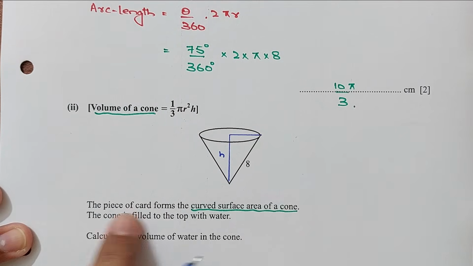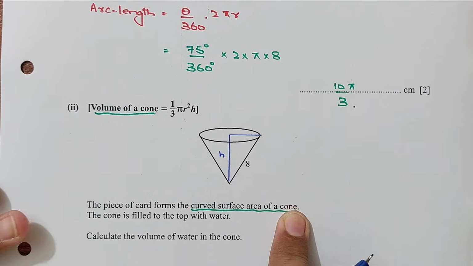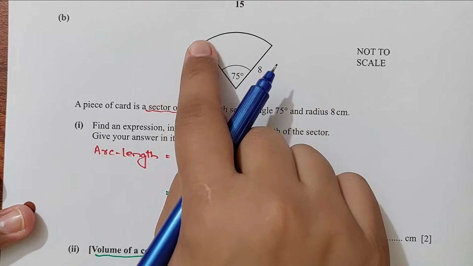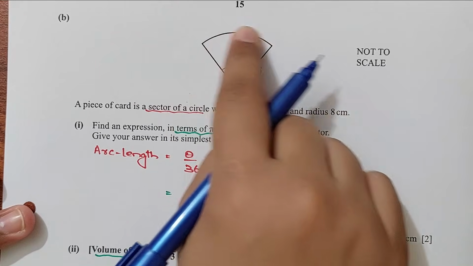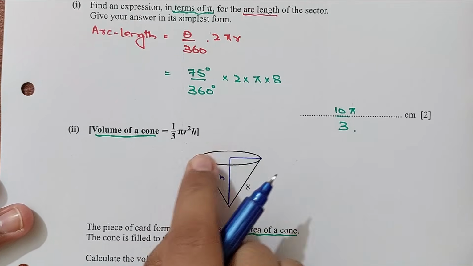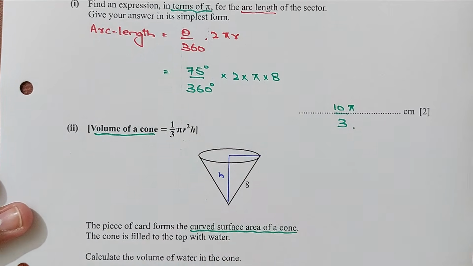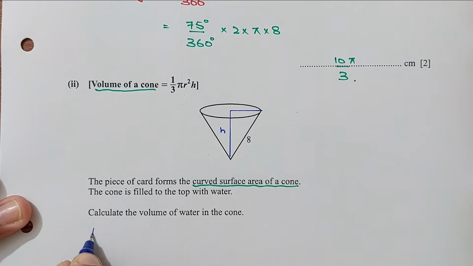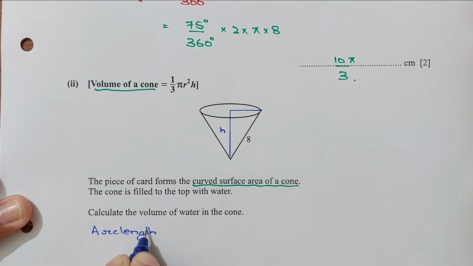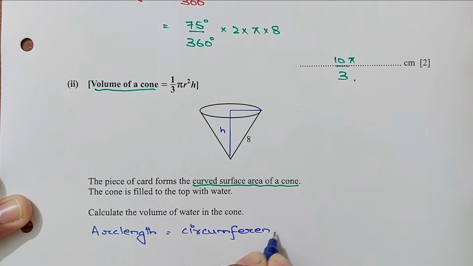If the piece of card forms the curved surface area of the cone, then the arc length becomes the circumference of the circle of the cone's base. So the arc length of the sector becomes the circumference of a circle, right?